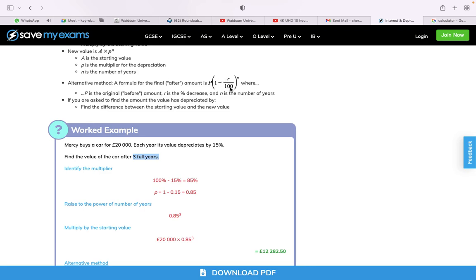But if it's something that depreciates, like when you buy a car, a laptop, a wristwatch, anything valuable that eventually depreciates, then we use minus here. So 1 minus 50%, 50% is 0.5, so 1 minus that gives 0.85.